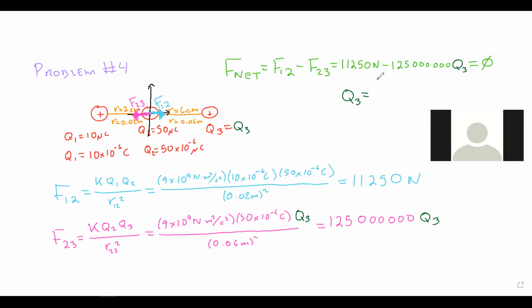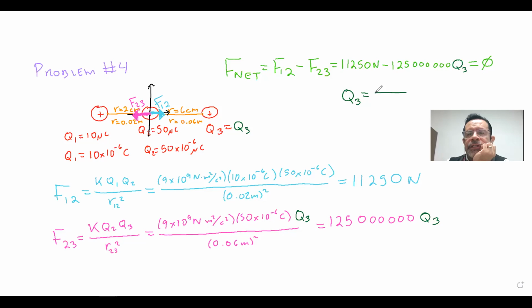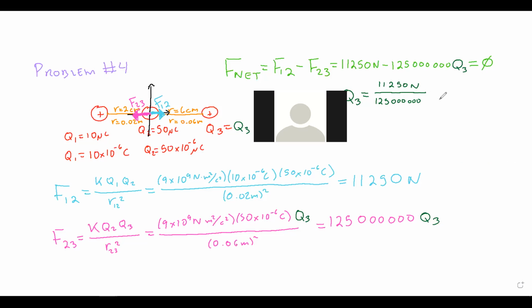It would be basically the calculation of 11,250 newtons divided by 125,000,000. And actually the units. I got 9 times 10 to the minus 5. I got it. It's there.